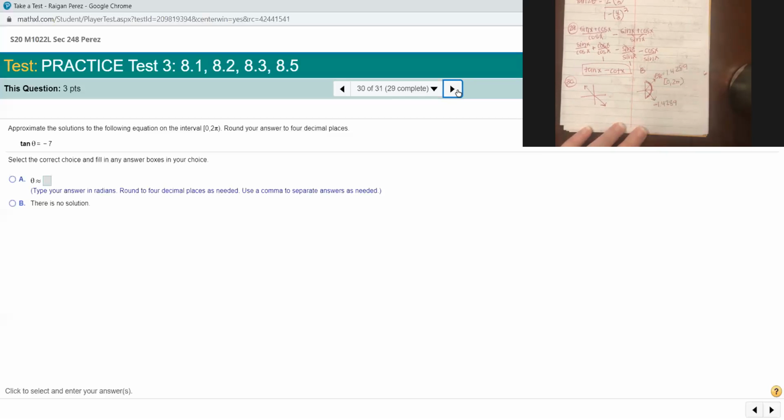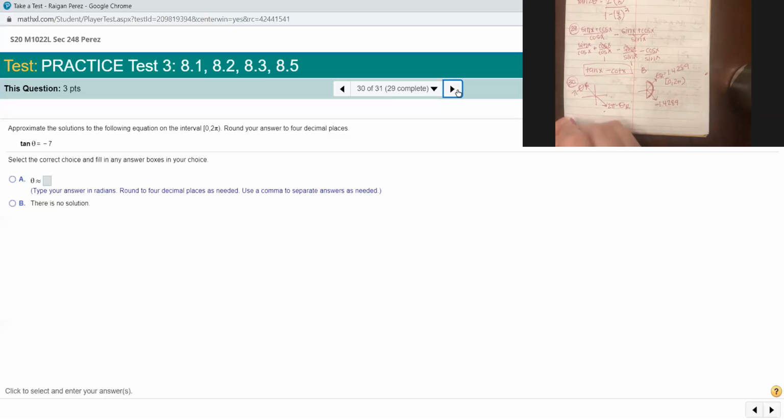But I don't need the one in the first quadrant. I need the one in the second and in the fourth, and the positive versions of them. So this one I'm going to do pi minus the reference angle, and this one is going to be 2 pi minus the reference angle, which is just the positive version of this.